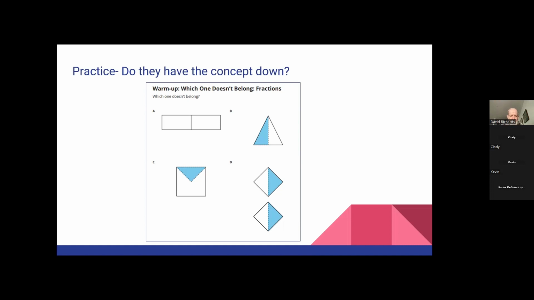So maybe that's why. But then again, looking at A, it doesn't have a blue in it, whereas C has a blue in it. So there might be another way to say which one does not belong. So there may be two answers, probably. I'm not certain. Yes. And so the point in doing this activity is to get those different answers, right?